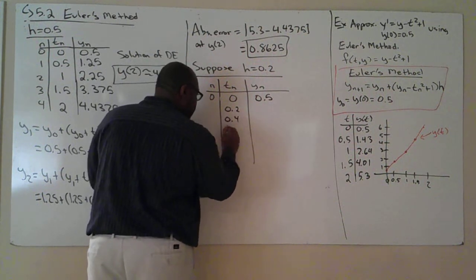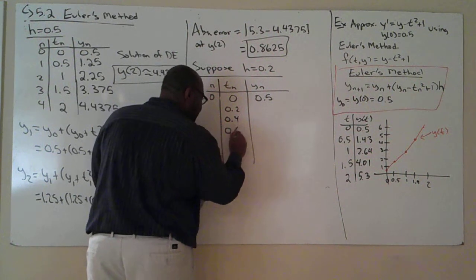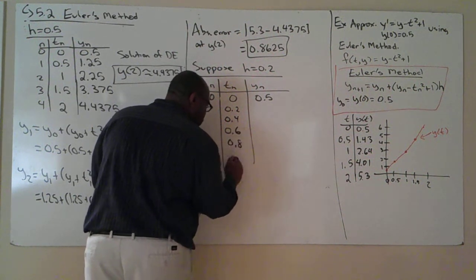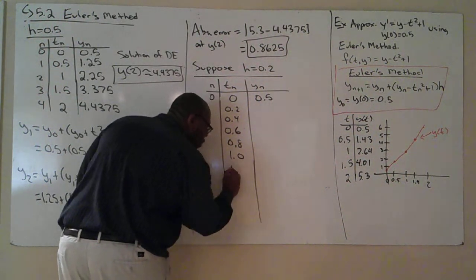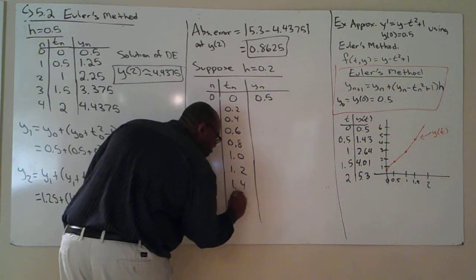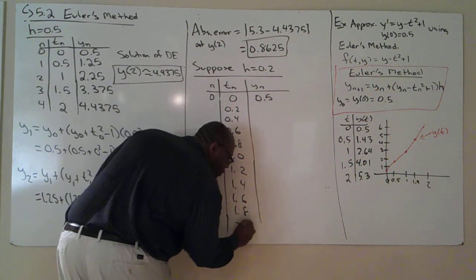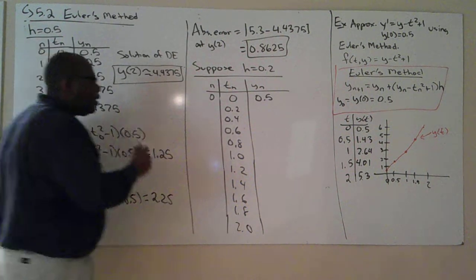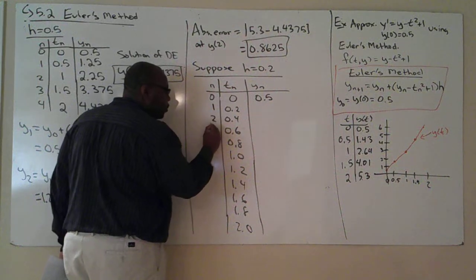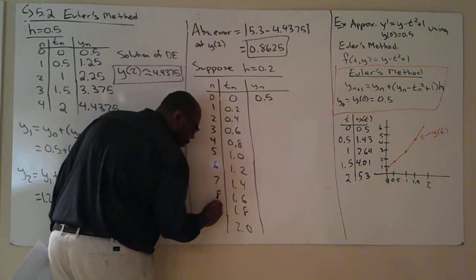0.4, 0.6, sorry, 0.8, 1, 1.2, 1.4, 1.6, 1.8, and then 2. A lot more values I have to work with. So n is equal to 0, 1, 2, 3, 4, 5, 6, 7, 8, 9, and 10.